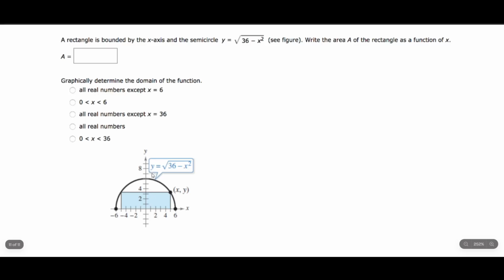Obviously, if it was asking a question like, find the maximum area of the rectangle, the rectangle would have an area greater than 0.